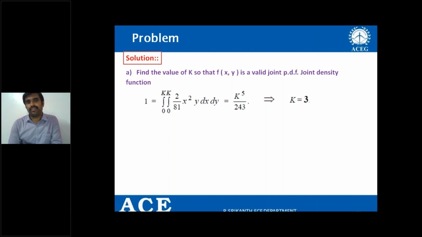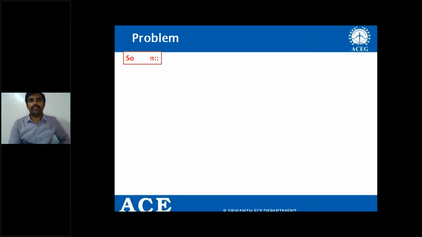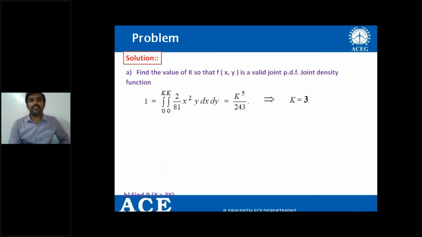Simple integration, right? By integrating and substituting, I derive the value of k, giving k equal to 3. So therefore, I can write the density function as 2 by 81 x square y in the interval 0 to 3 for x and 0 to 3 for y. So now what are you supposed to find? Second question, x greater than 3y.